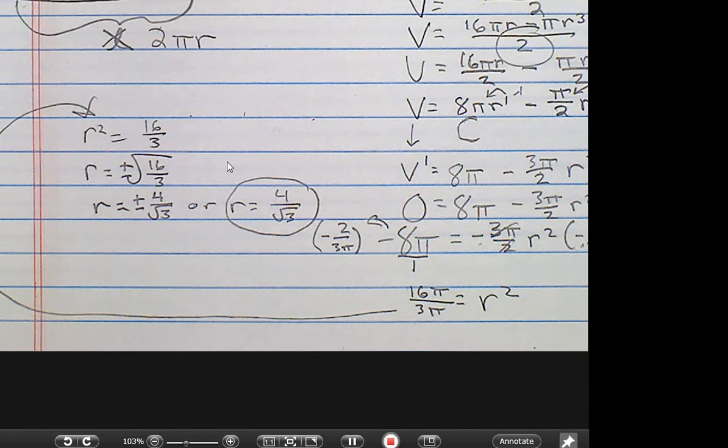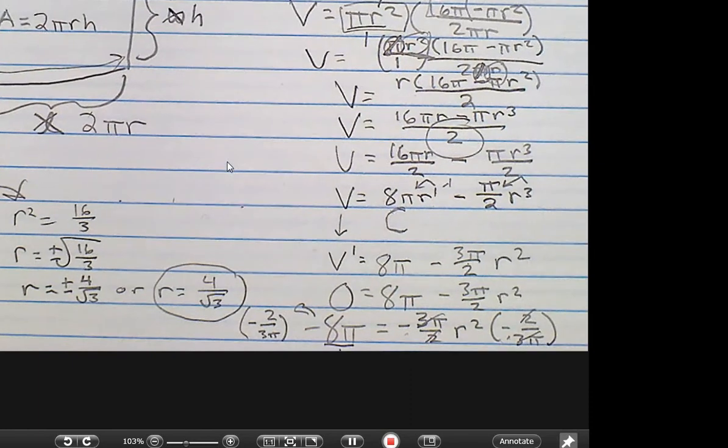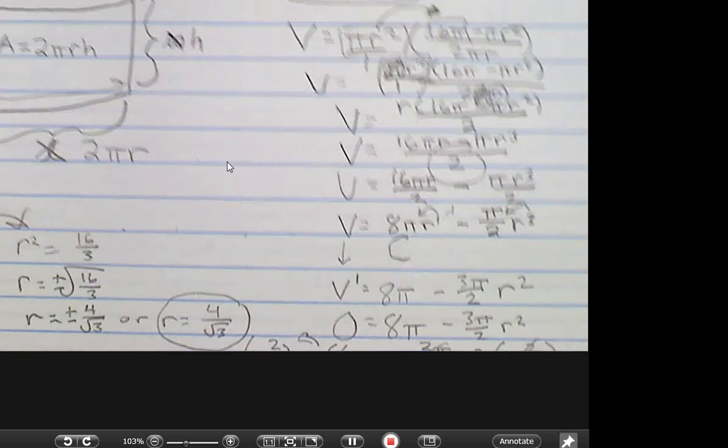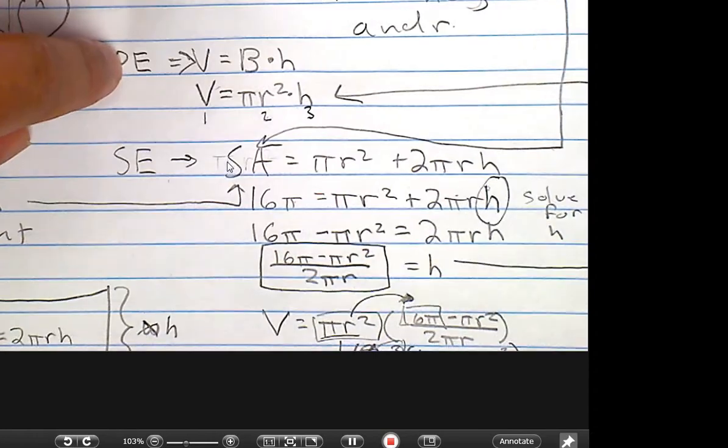Okay, so we have options. We can plug it into many different steps here. Wait a second, that's all the way up there. You can plug it into here.